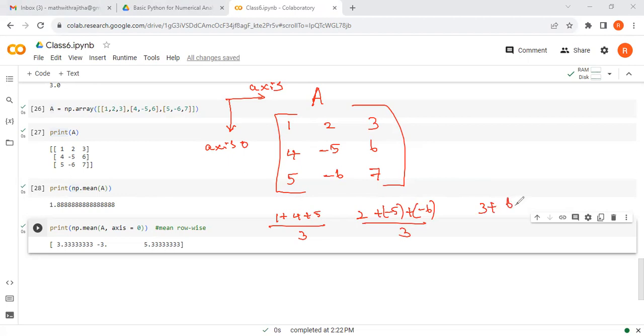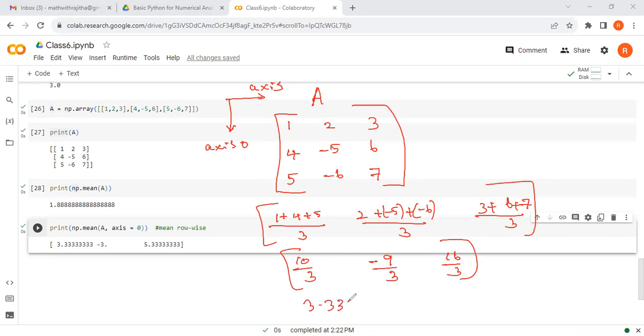Then 3 plus 6 plus 7 divided by 3. So this is the vector I'm getting: 10 divided by 3, minus 9 divided by 3, 16 divided by 3. So here 3.333, here -3, here 5.333. Yes, correct. Python is giving me the correct answer.